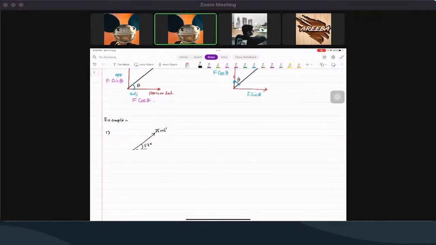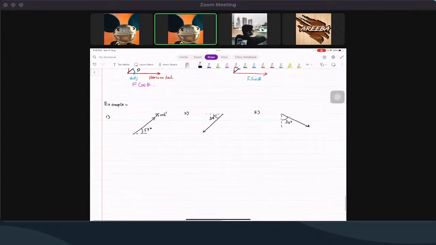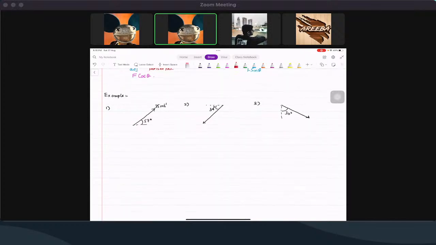Then we have a vector like this which is at an angle of 34, second question, and the third one is like this which is 30 degrees, right? So I'm gonna do the second one, and then you guys need to do 1 and 3.